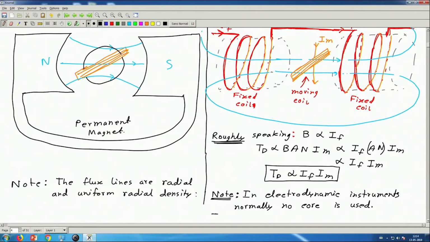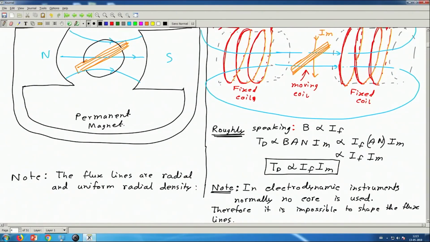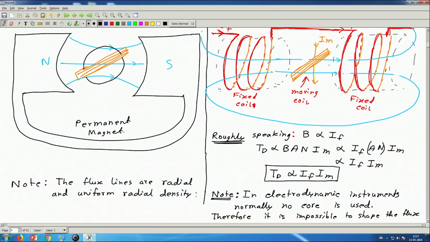Therefore, it is impossible to shape the flux lines. So, flux lines are not radial, as in this case. Flux may be non-uniform, it may be non-radial.